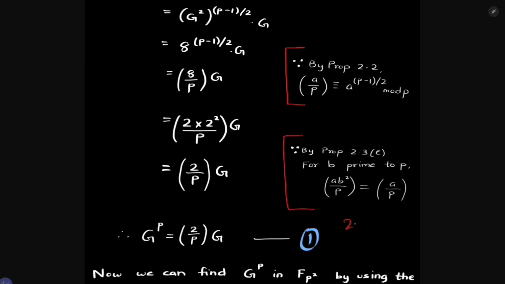Okay, so in 2 into 2 square by p, we can see that here b equals 2. And the GCD of 2 comma the prime number p is 1. So 2 is prime to p. Therefore, we can write 2 into 2 square by p as 2 by p from this proposition. Therefore, g raised to p is 2 by p into g.